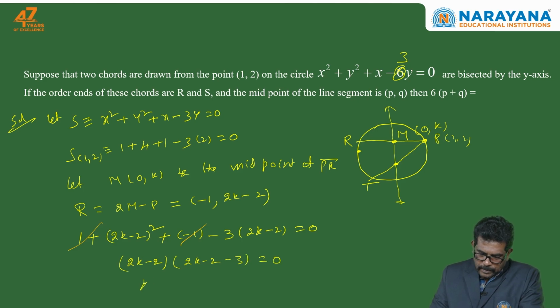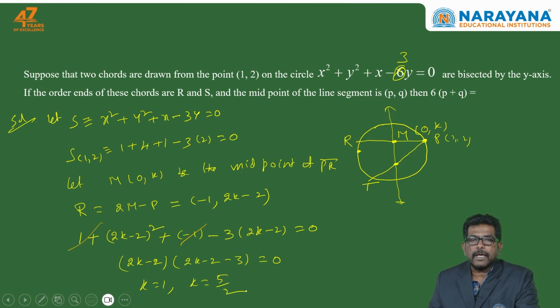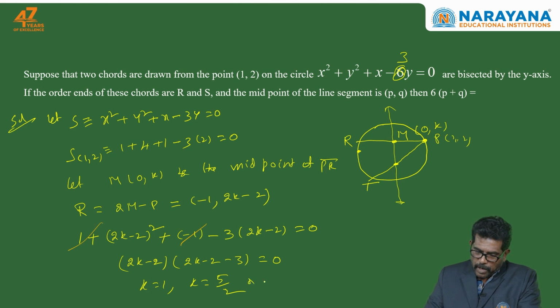So from this k is equal to 1 and k is equal to 5 by 2. The values of k are k is equal to 1 and k is equal to 5 by 2, or in this case 2k is equal to 5.